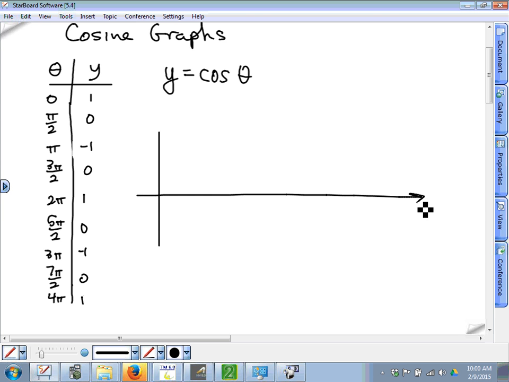So let's draw a graph. On the y-axis, just label 1 and -1 because that's how high and how low the cosine is, 1 to -1.